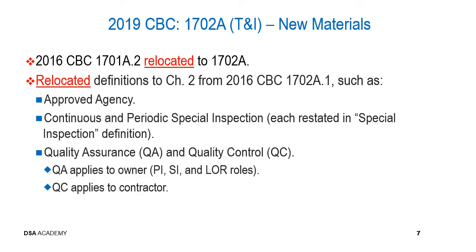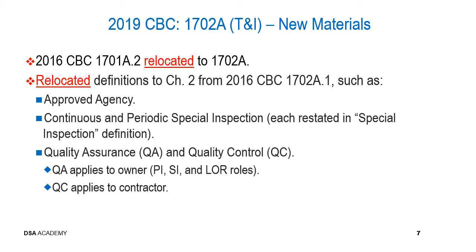In this first bullet, I wanted to point out that CBC Section 1702A has been relocated from the 2016 CBC, Section 1701A.2. There are also some definitions that have relocated to Chapter 2 from the 2016 CBC 1702A.1. This includes approved agency, also continuous and periodic special inspection.